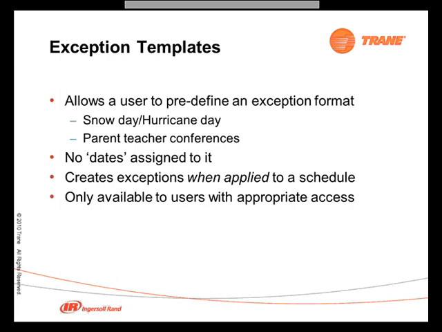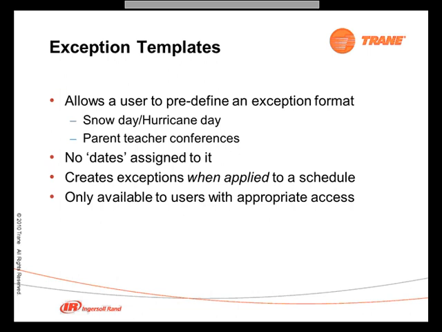Now, you may get notification from a higher authority to apply this type of template, and that may be within a 24-hour period, in which case you have the template already saved, with no dates assigned to it, and all you have to do is apply the template to the particular day when indicated to do so.